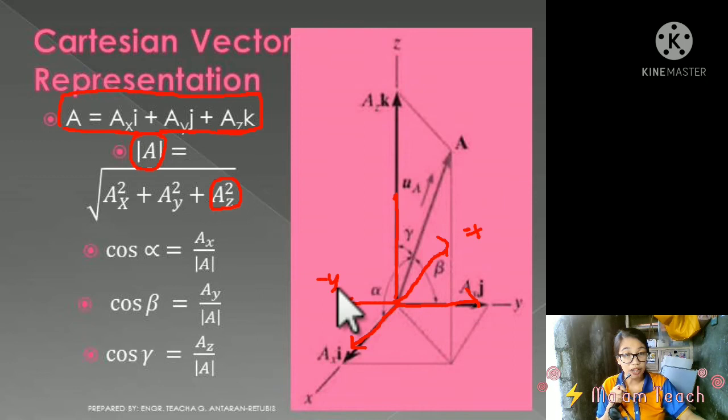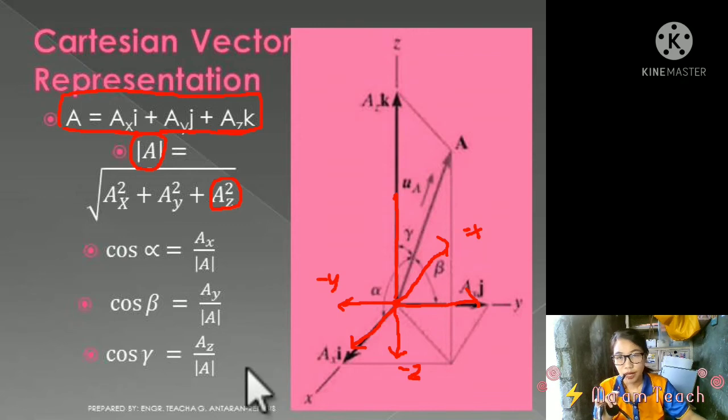If your z component is negative, you will plot it downwards this way. Negative z. What we are showing here is just pure positive, or all are positive.